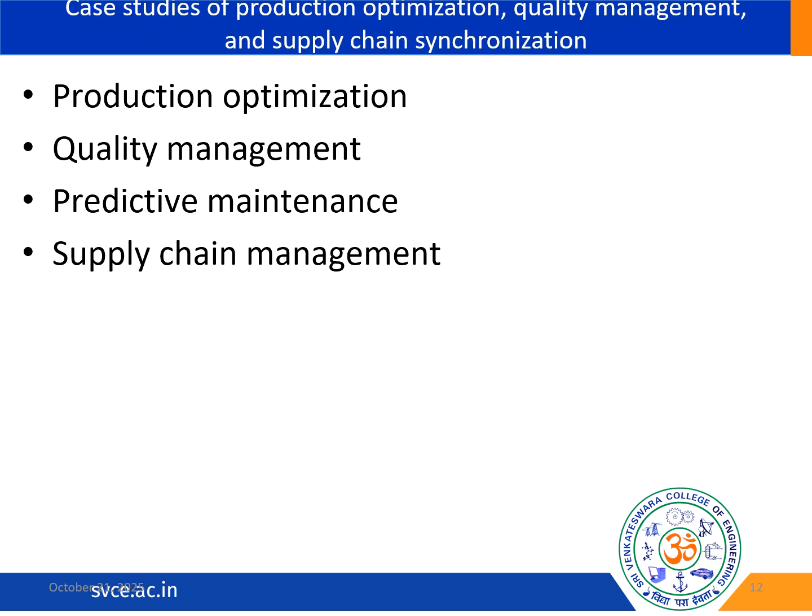Moving on to case studies of production optimization, quality management, and supply chain synchronization. We have production optimization, quality management, predictive maintenance, and supply chain management. This shows the versatility of MES, ERP, IIoT integration, which is evident.